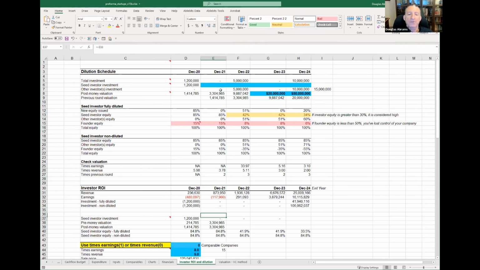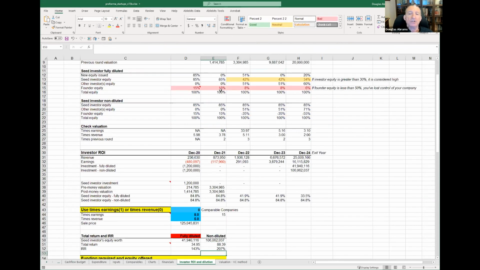Now let's go down and look at the investor ROI. So how do we calculate investor ROI? We have to have the exit valuation, and the model allows us to capture exit valuation here. We can choose either method of calculating exit valuation: the times earnings method or the times revenue method.